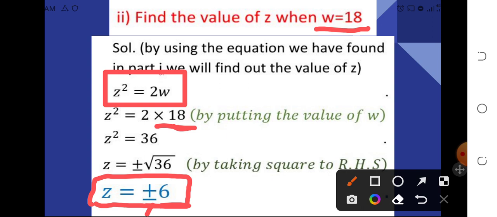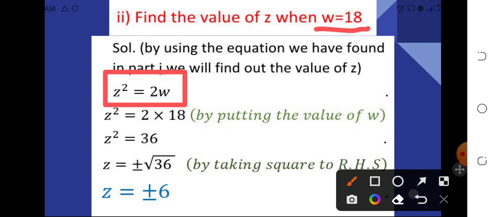To remove the square root sign, we find the square root of 36, which is 6. So the answer is Z is equal to plus minus 6.